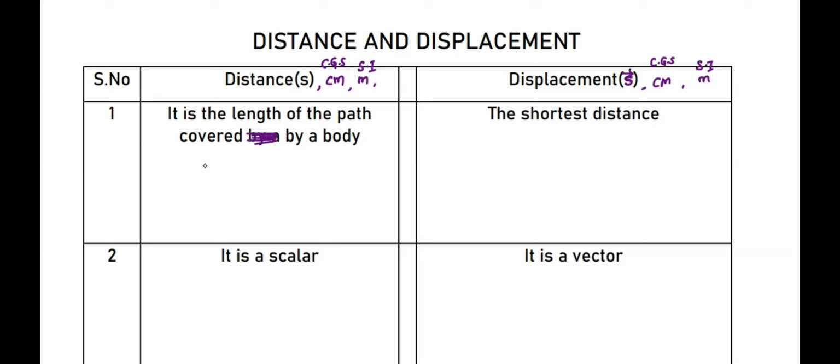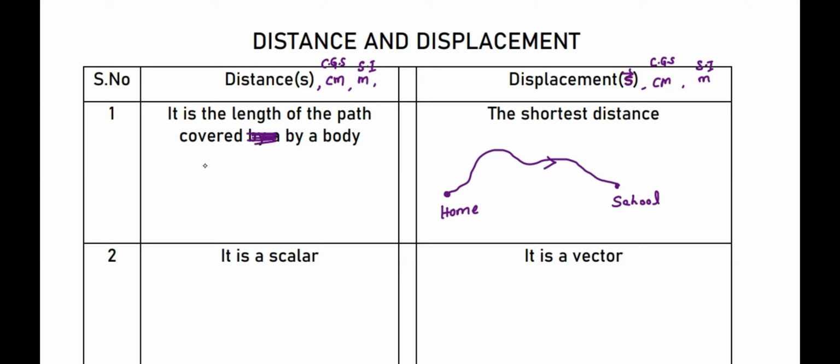For example, here, this is your home and this is your school. You have the road like this and you have traveled finally to the school like this.